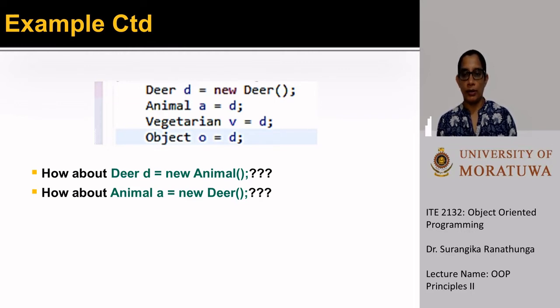Deer d = new Animal. Now, Deer has more properties and more methods than an Animal because it extends the Animal class. So this reference is expecting an object with all the Deer functionality. If you give an Animal, what would happen? The reference does not get all the information that it expects, so this assignment will fail. In other words, Deer d = new Animal will be wrong.